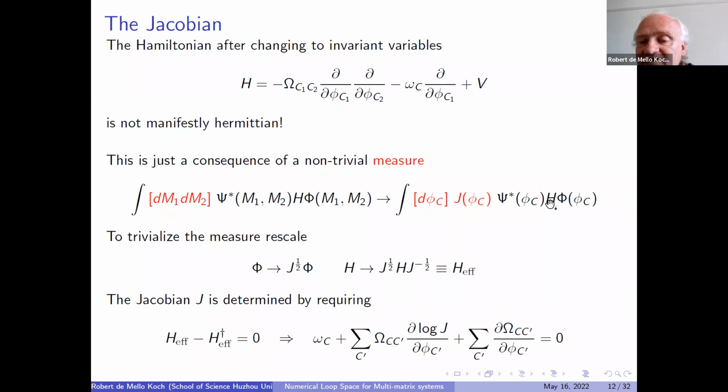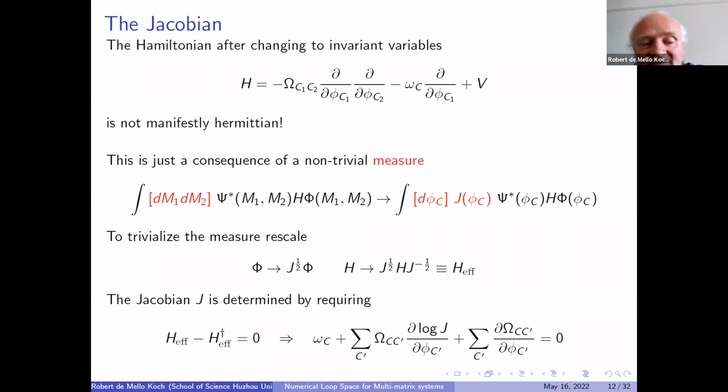And when you integrate the Hamiltonian by parts, derivatives inside the Hamiltonian will both get caught on psi star, but they will also get caught on the Jacobian. And the terms where the derivatives get caught on the Jacobian will exactly cancel the terms when the derivatives get caught on capital omega and little omega. So that in the end, we do have a Hermitian Hamiltonian. It's just not manifestly Hermitian.